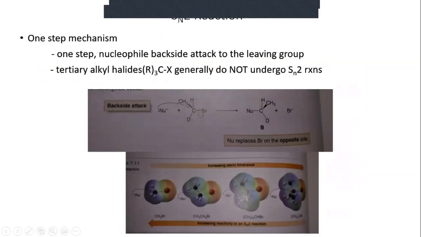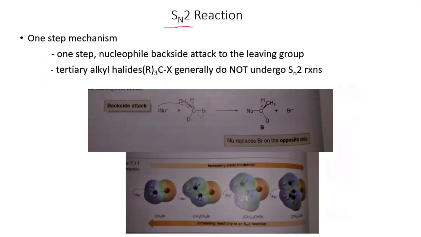Now for SN2 reactions, it's a one-step mechanism, which is what we call concerted. A concerted reaction all happens at the same time. And the way this one step occurs is through what we call a backside attack.